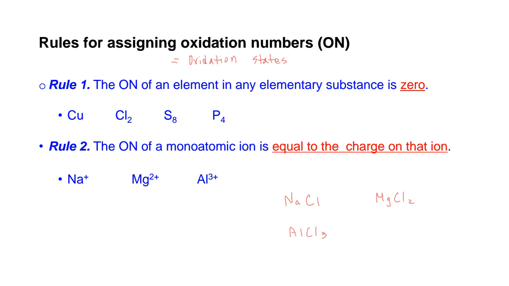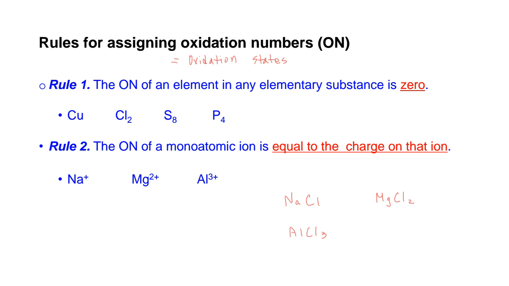So here we have copper, chlorine, sulfur, phosphorus. All these substances are elements, and except for copper, they all have covalent bonds between the atoms of the same element, and therefore the pairs of electrons must be equally shared between atoms of the same element.